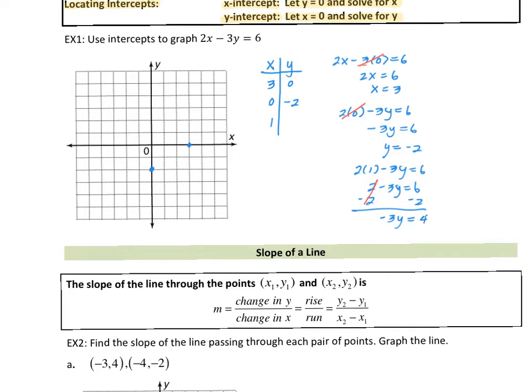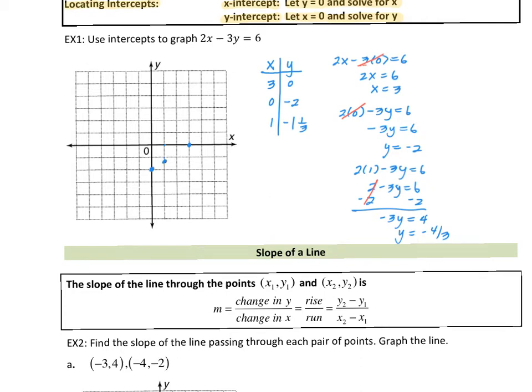Which means that y is going to be 4 over negative 3, or negative 4/3. And that's fine. Now I don't want to graph negative 4/3 because that's kind of hard, it's an improper fraction. So I'm going to write that as negative 1 1/3. So if x is 1, y is a negative 1 and a little bit more.